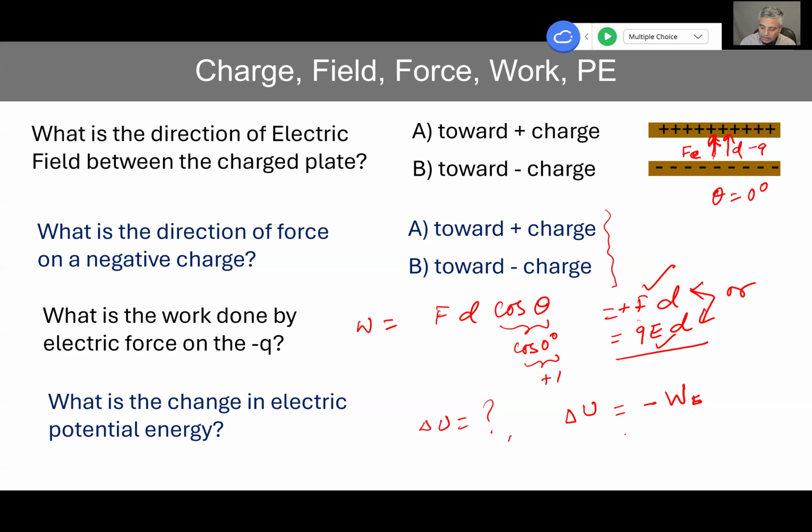In this case, work done is positive, so there's going to be a negative sign, and the work done is this. It's going to be that. So that's how we find work done and its sign.